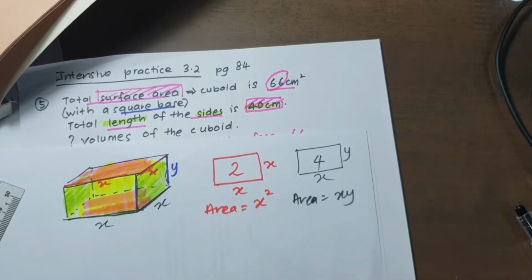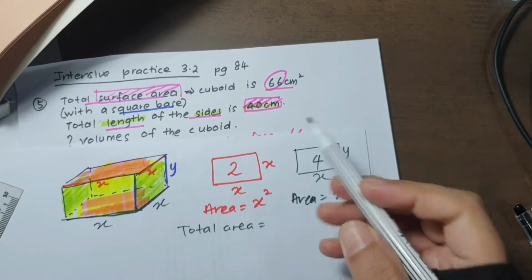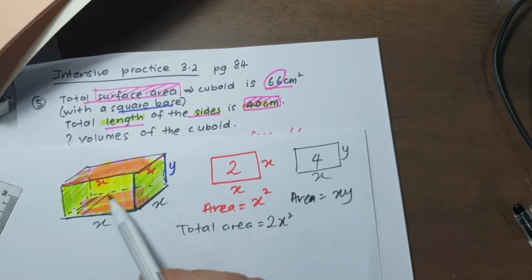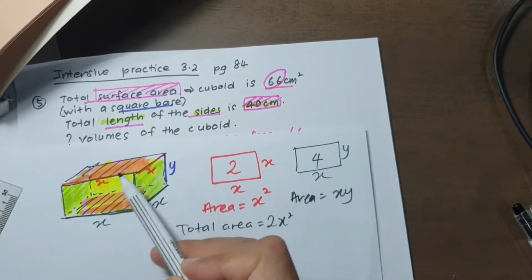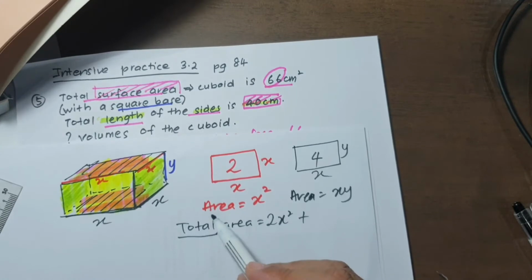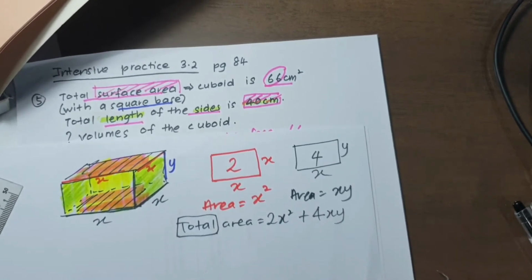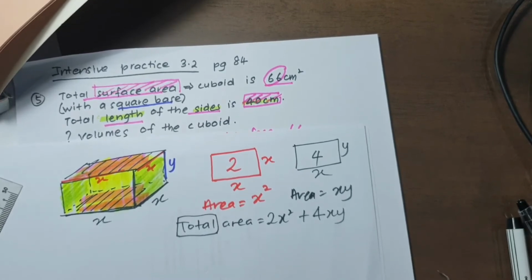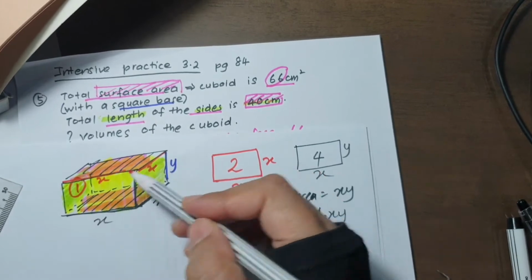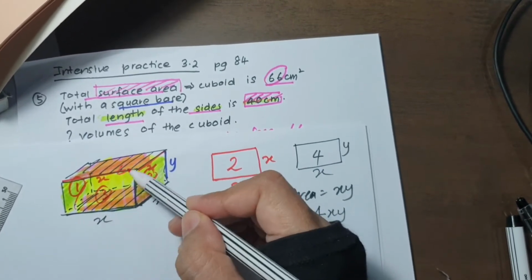So the total area means 2 times x squared, because there are two surfaces with the same area, and then plus 4xy. Why is it 4xy? Because here we have 1 on this edge, 2, 3 front, and 4 back.